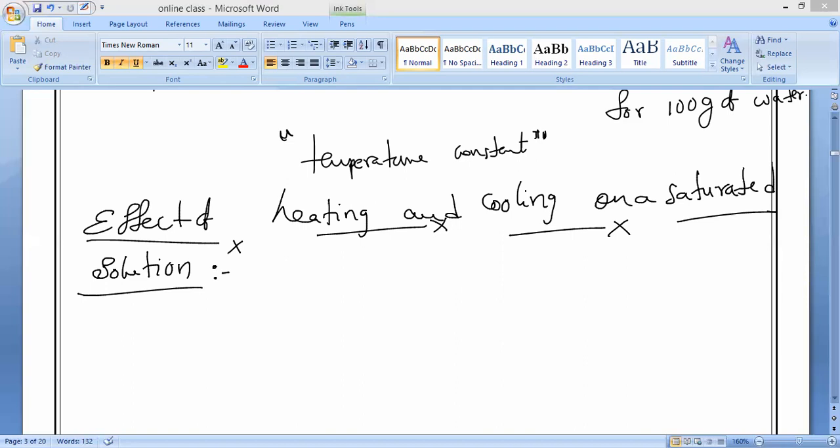Unsaturated. Please remember, because the solubility, the amount of solute that can dissolve, increases on heating, more solute can be dissolved on raising the temperature of the solution. Is it okay, everybody?